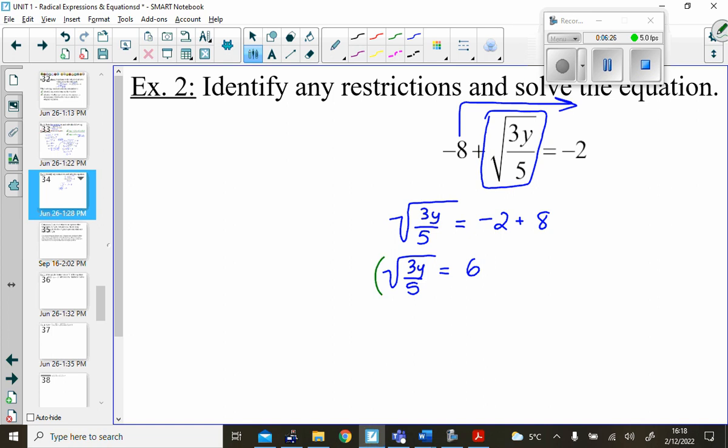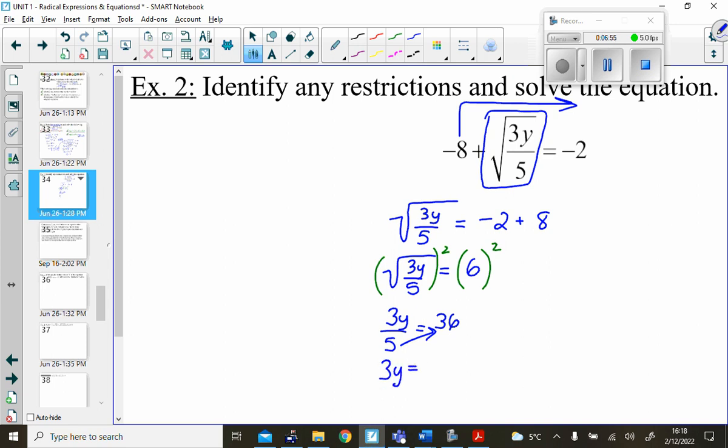You will now square both sides. The square and the square root cancel. That leaves 3y over 5 equals 36. You can now try and get y by itself. 5 comes up and multiplies.